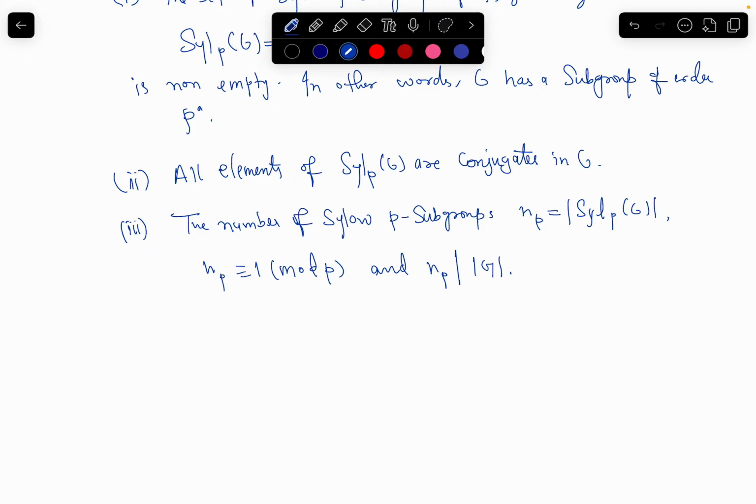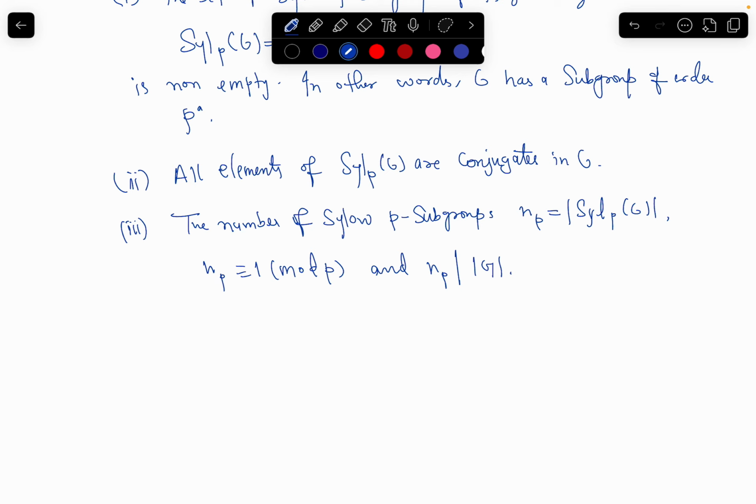So now, the question is, is p a factor of n_p? So p is not a factor of n_p because p divides n_p minus 1. So p does not divide n_p.